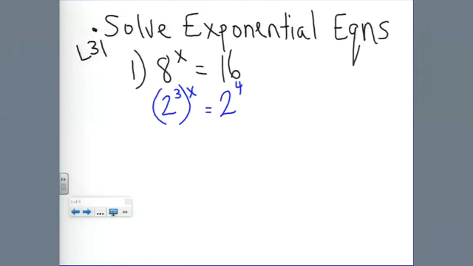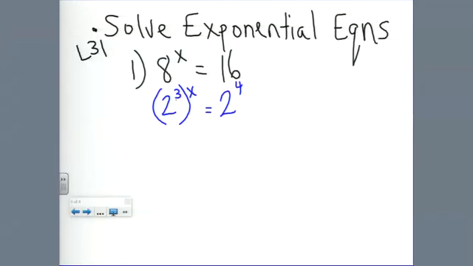Now, in this section, once you get the same base, you can set the exponents equal. There's a rule with exponential equations: if the bases are the same, then the exponents must be equal.